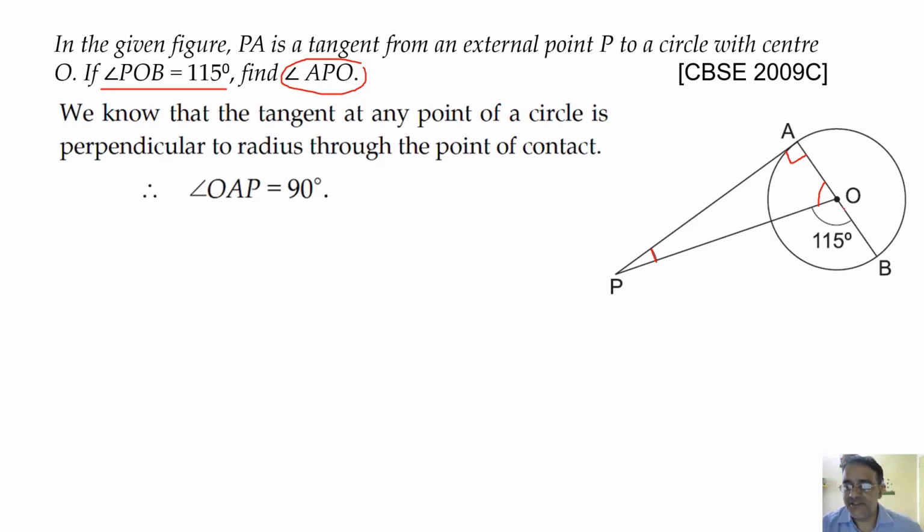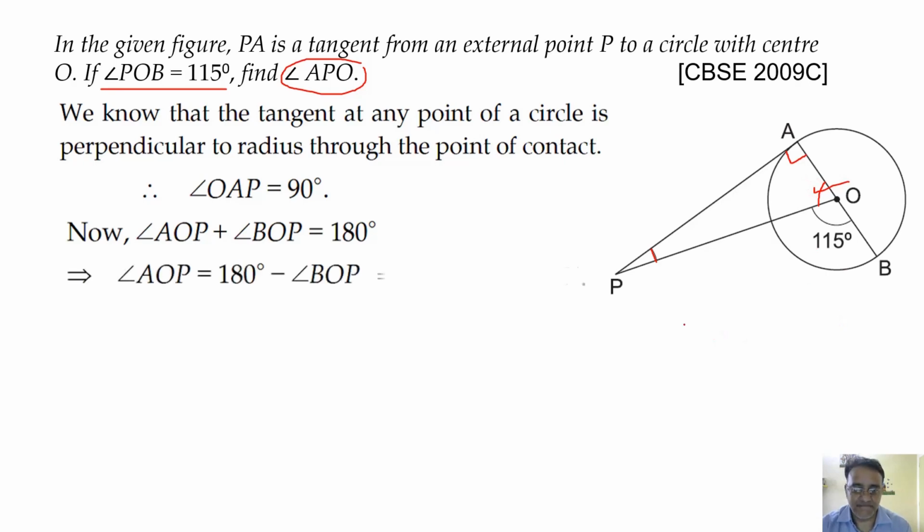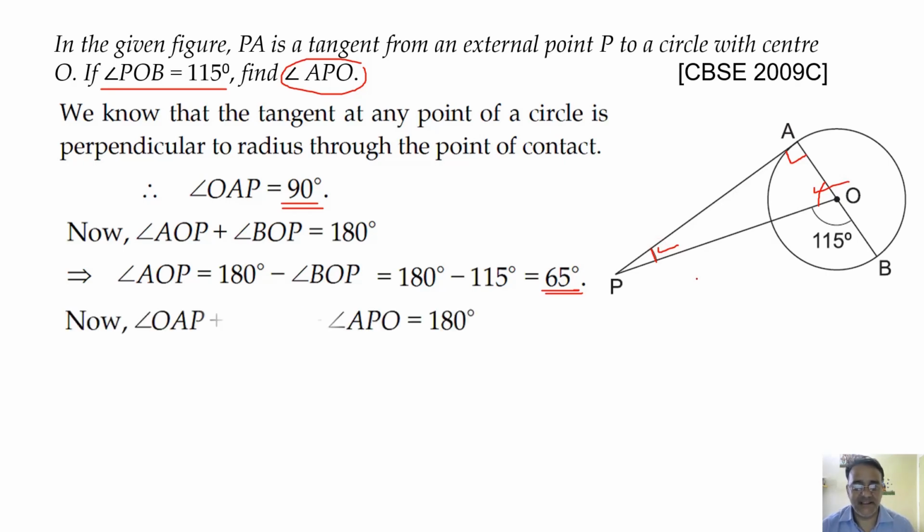And the sum of these two angles is 180 degree. That is linear pair. So we can find this value, that is 180 minus 115 degree. So 65. So we got 90 degree and 65 degree. How will you find the third angle? By angle sum property of triangle. Very good. The sum of all the interior angles of a triangle is 180 degree.